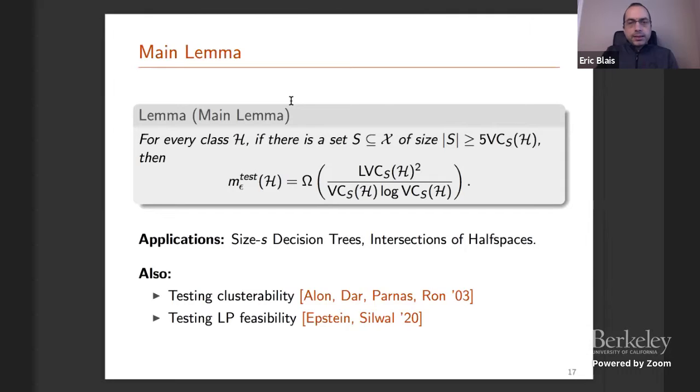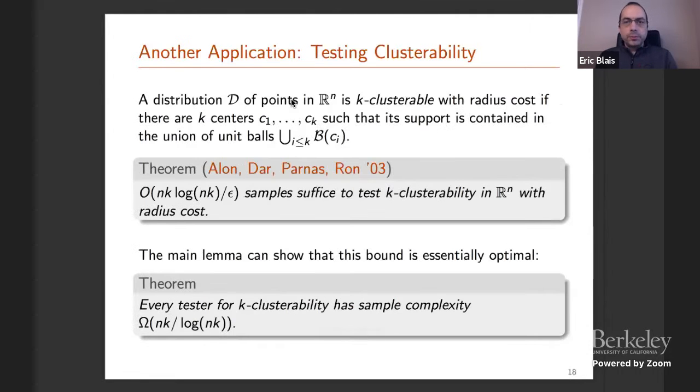And for clusterability, I can even state the result a little bit more precisely here. Here we don't have a function, we just have a distribution of points, and we want to know if there are at most k centers where all the points are close to one of the centers, say unit distance at most from one of the centers.